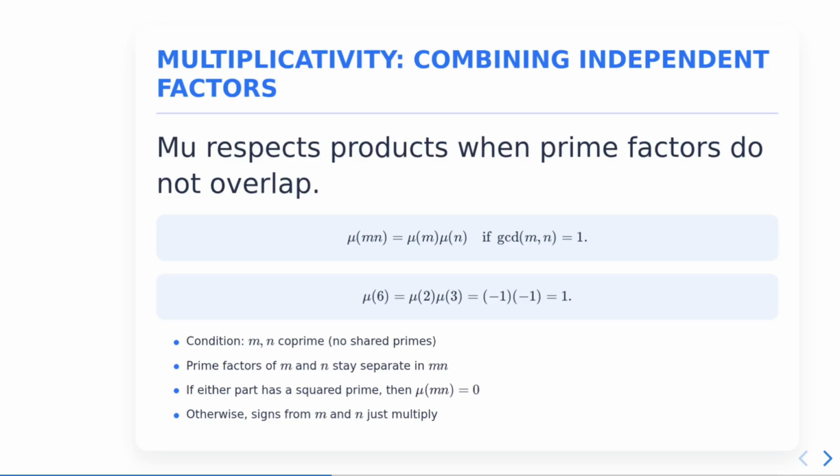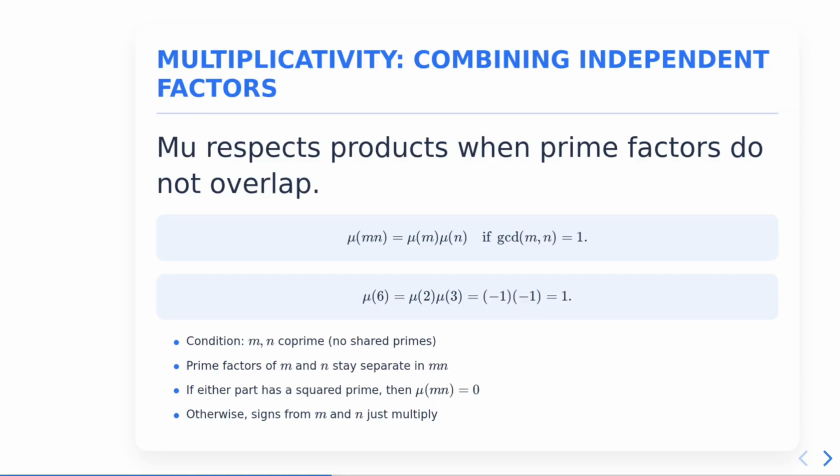Now we add a powerful property. If m and n share no prime factors, then mu of m times n equals mu of m times mu of n. Intuitively, the prime blocks coming from m and from n stay independent in the product, so the square-free status and the sign for the product are just a combination of the two pieces. For the example with 6, that means we factor 6 as 2 times 3, see that each prime appears only once, and since both mu of 2 and mu of 3 are -1, their product is +1, matching mu of 6?